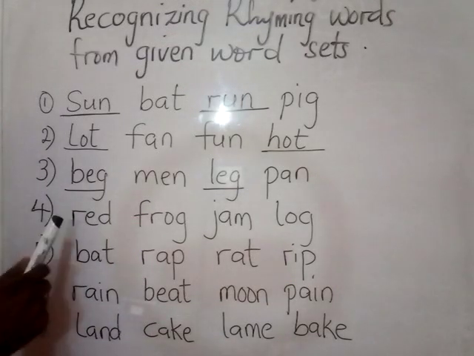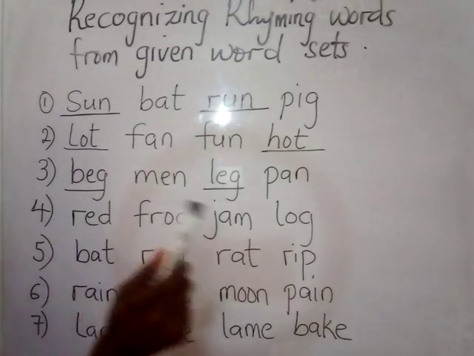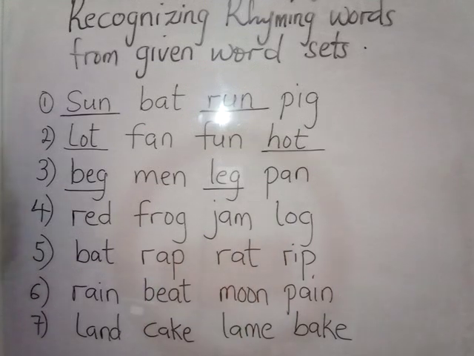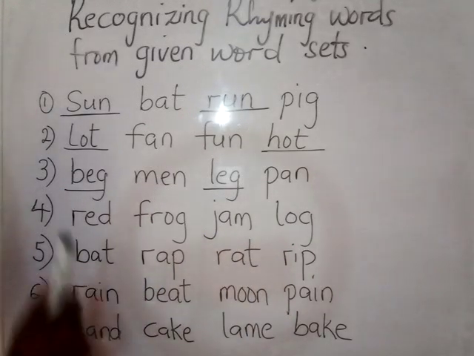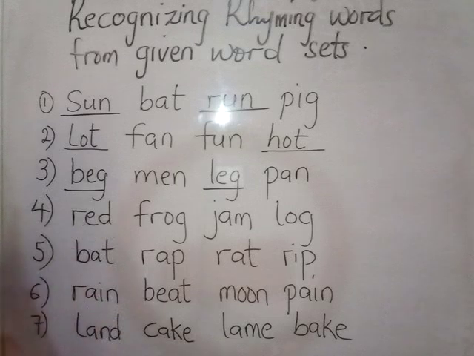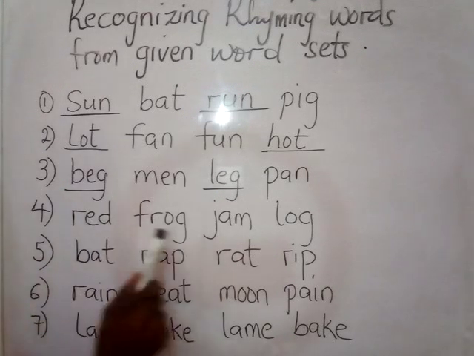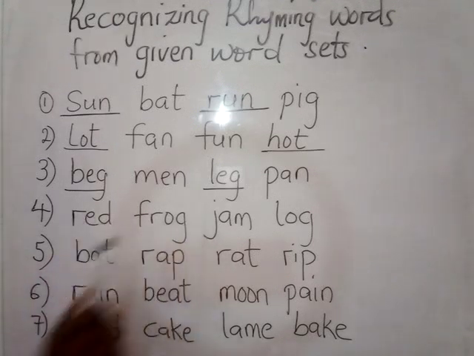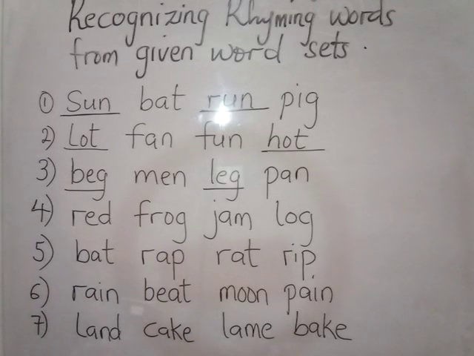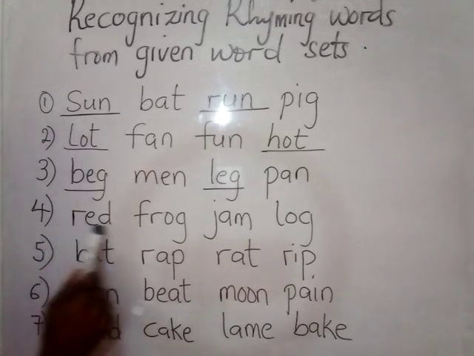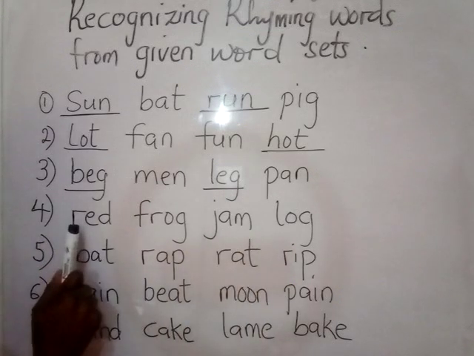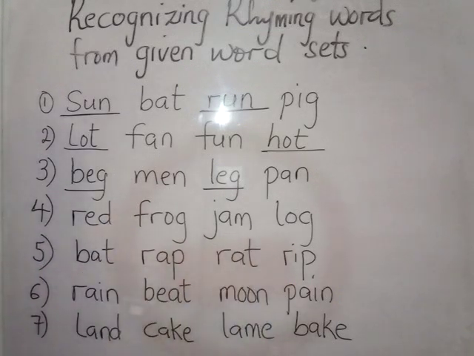So the 4th one here is red, frog, jam, log. Let's try and find out the 2 words here that rhyme. Red, frog, ed, og. Do they sound alike? No. Red, jam, ed, am.